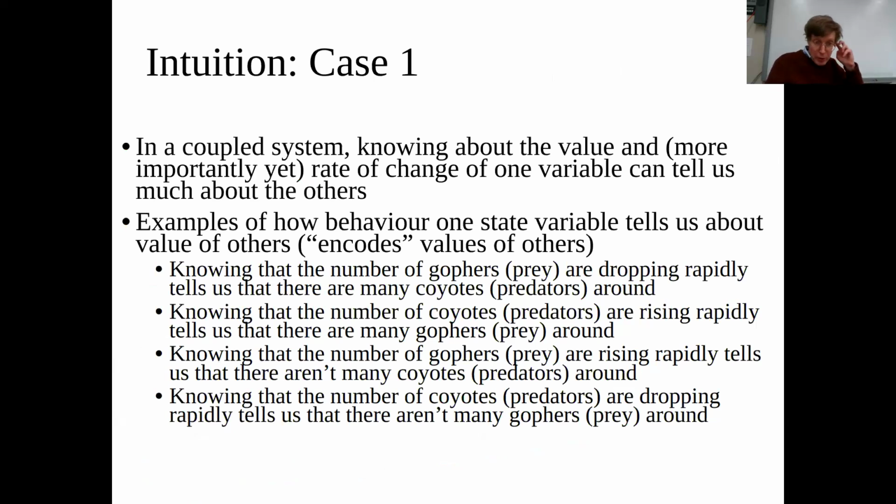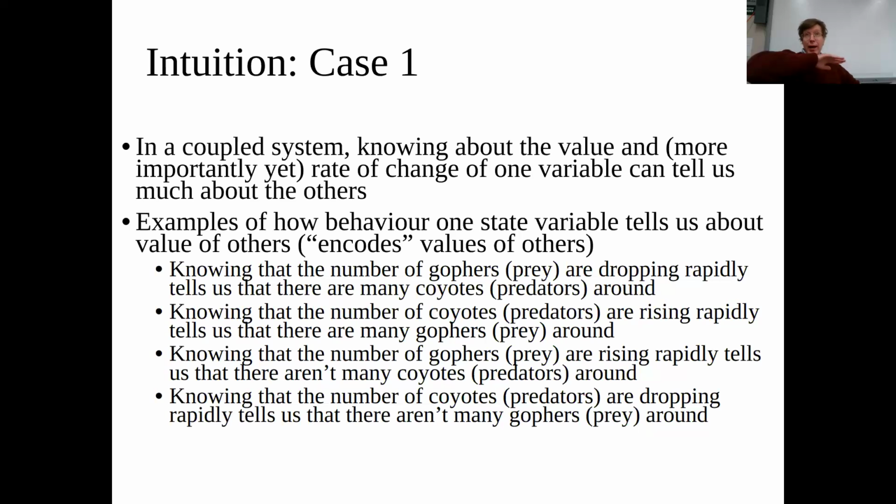So, I hope this carries a certain plausibility from my description, right? If we have a really good observation that the number of infectives is rising very, very rapidly, even though we're not measuring the number of susceptibles, it's very likely the number of susceptibles is dropping quite quickly because infectives come from susceptibles.